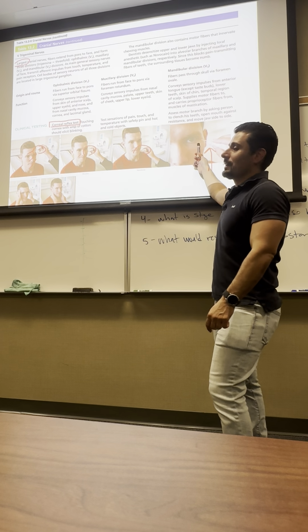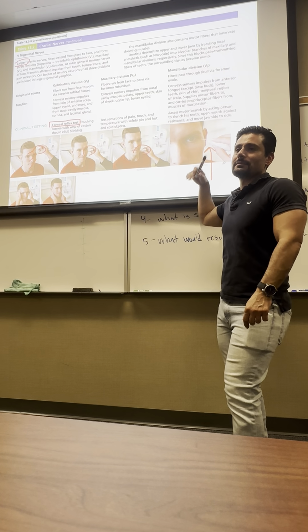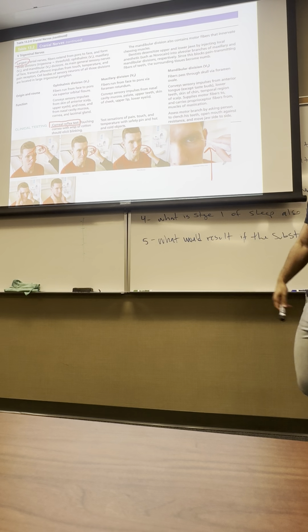You touch the cornea, which is very sensitive. What's going to happen? You blink. If you blink, it's working. If they irritate that and nothing happens, it's not working. So it's called the corneal reflex test, okay? That will be on the exam, but not the pinpoint.